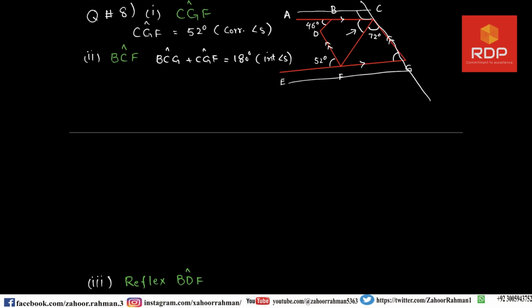So this angle will be equal to this angle due to the interior angles theorem, and that will be equal to 180 degrees. So you have to keep in mind this thing, and that is why I wrote this one.